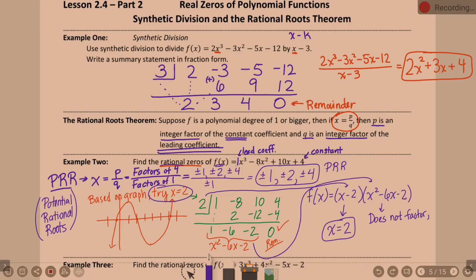Okay. Now, because it does not factor, it means one of two things. It's either 2 irrational roots or 2 imaginary roots. Based on the fact that I can see 2 more roots on my calculator, it means there are 2 irrational roots.